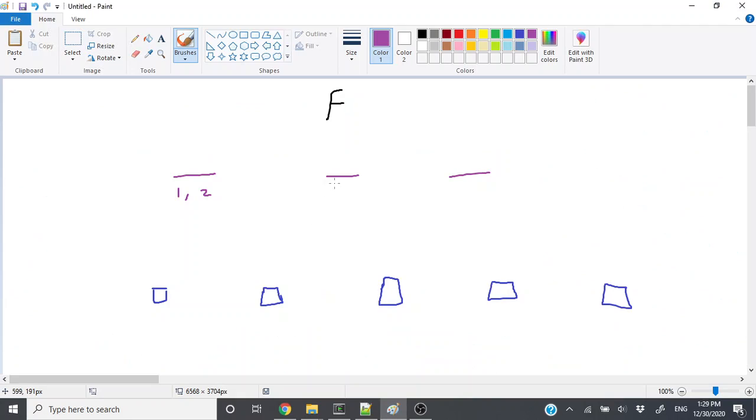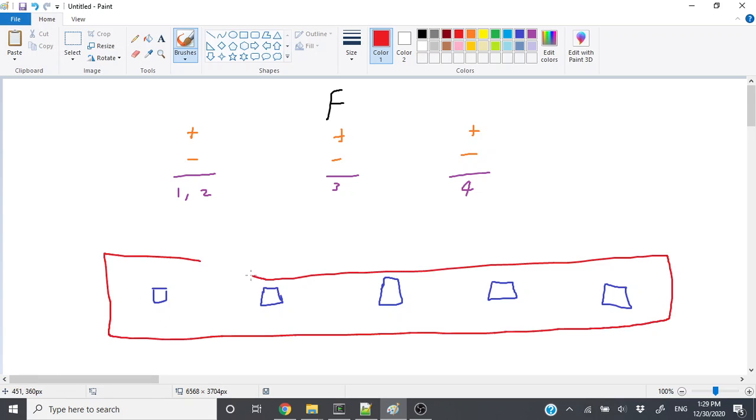This switch will toggle the 3rd light, and this switch will toggle the 4th light. And given that we can have any switch either on or off, how many different configurations of lights can we have is the question.